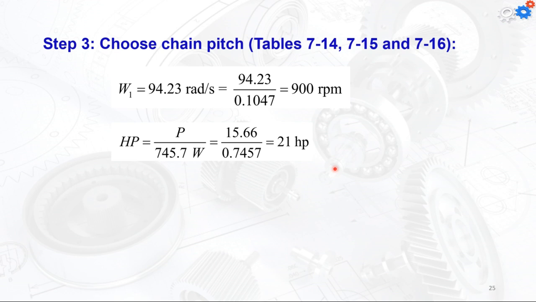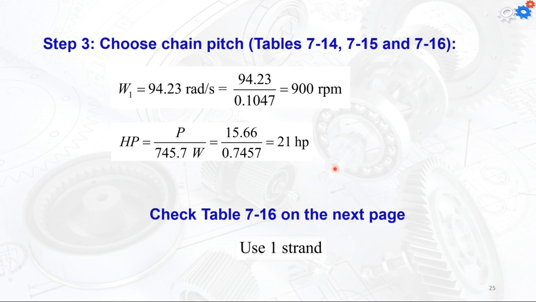Now we're going to choose, according to the tables, the type 60, because that's what we're going to find as the most suitable for the horsepower at this RPM. And I will show you that very soon. So now we're going to check table 17-16 on the next page. We're going to use one strand only.